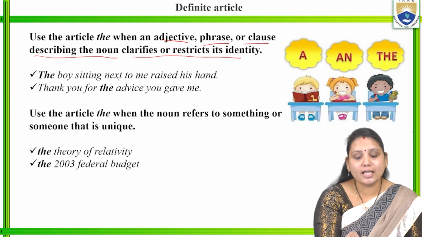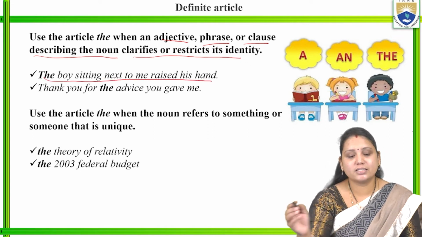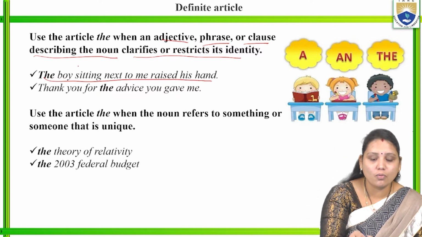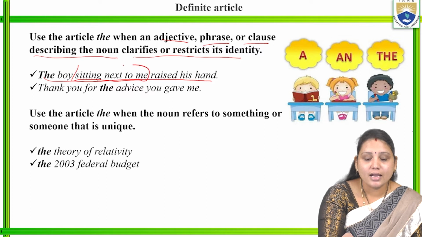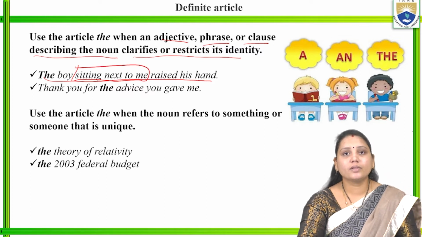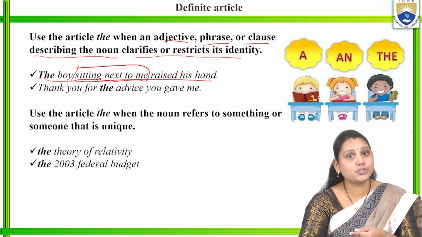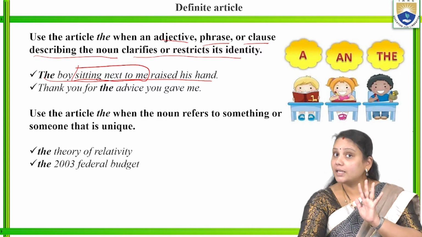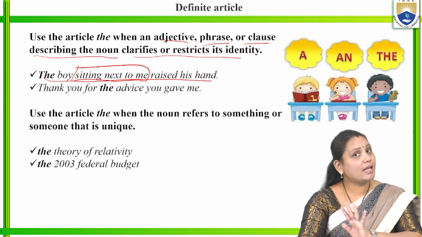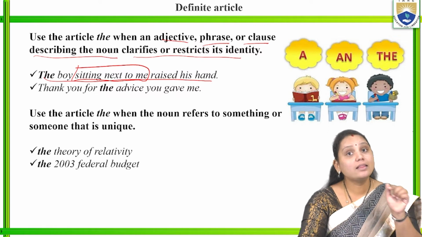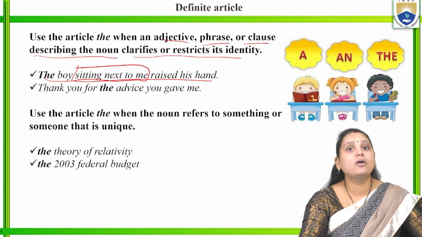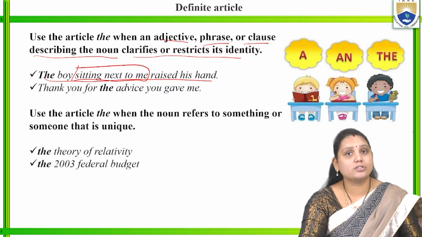The boy sitting next to me raised his hand. The boy sitting next to me. Now what is the phrase here? Next to me. There are many boys in the auditorium. But here I am not talking of any boy other than the boy sitting next to me. Specifically, you are mentioning the boy who is sitting next to you.